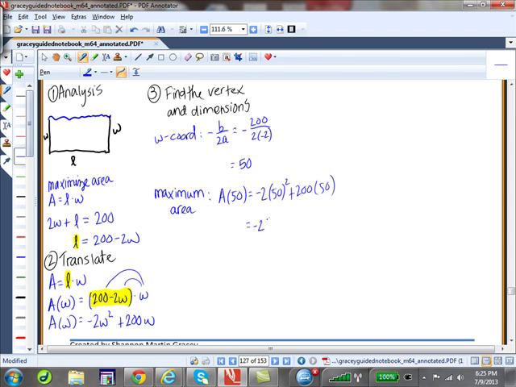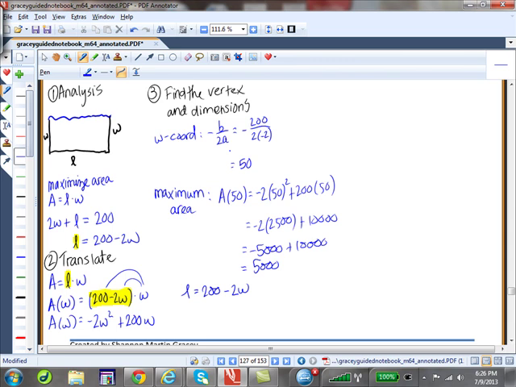This will be negative 2 times 2500 plus 10,000, which is negative 5,000 plus 10,000, which is 5,000.